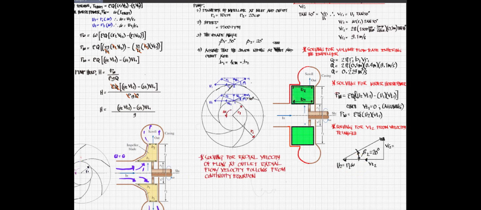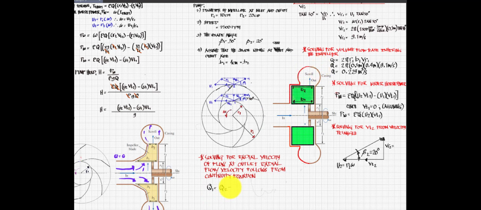So solving for the radial velocity of the flow at the outlet, it follows the continuity equation. So Q1 is equal to Q2, the volume flow rate entering the impeller of the pump, and going out is the same at the outlet.